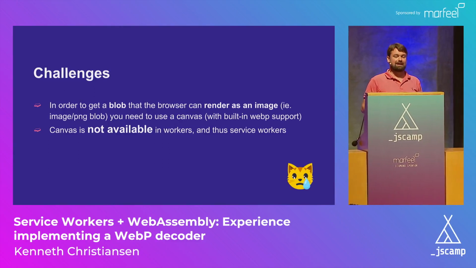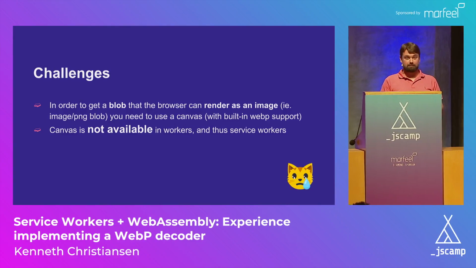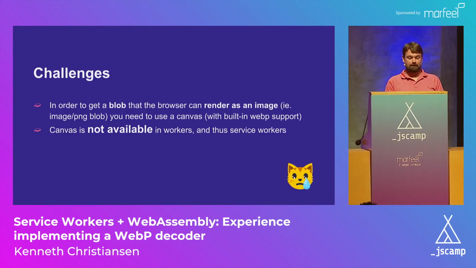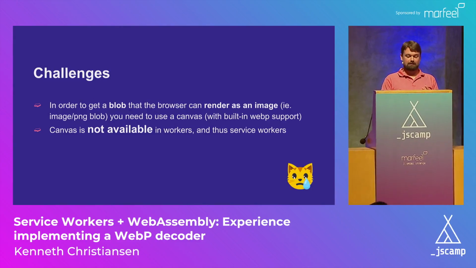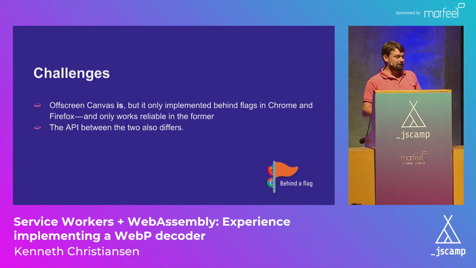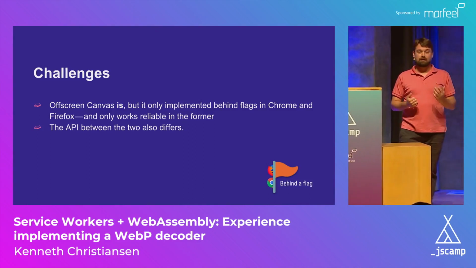Some of the challenges I had was that, in order to generate this image BMP blob, it uses Canvas by default, so I need to use Canvas. But there is no Canvas support in workers, and thus not in service workers. But there is this new API coming to the web platform called OffscreenCanvas.